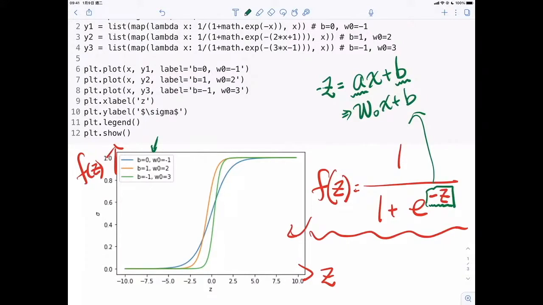So if w0 is minus 1, okay, which is like this one, w0 is minus 1, okay? W0 is 2, which is right here. W0 is 2. That is W0 3. So by adjusting the value of A and B, which is W0 and B, okay, you can fine tune this shape.